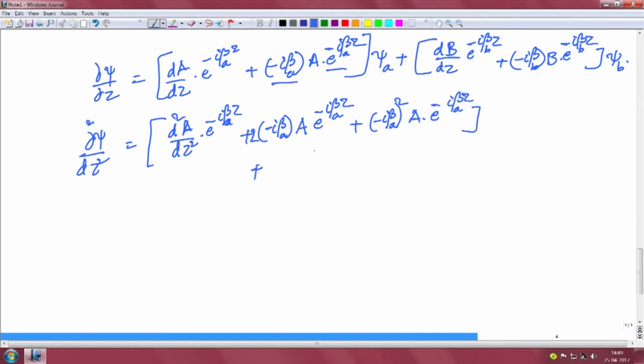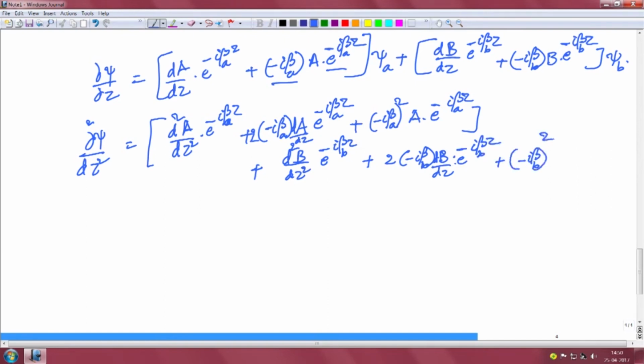Plus the corresponding factor in terms of B, d square B by dz square into e power minus i beta B z, plus 2 into minus i beta B into, just a minute please, this has got a second derivative, dA by dz, dB by dz, into e power minus i beta B z, plus minus i beta B whole square into B into e power minus i beta B z of psi B. Of course psi A has to be there here.